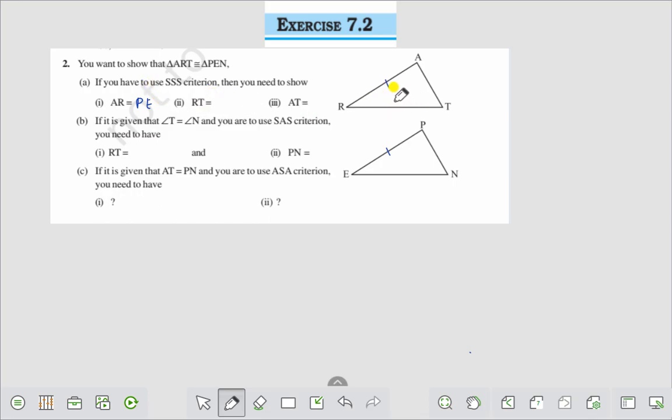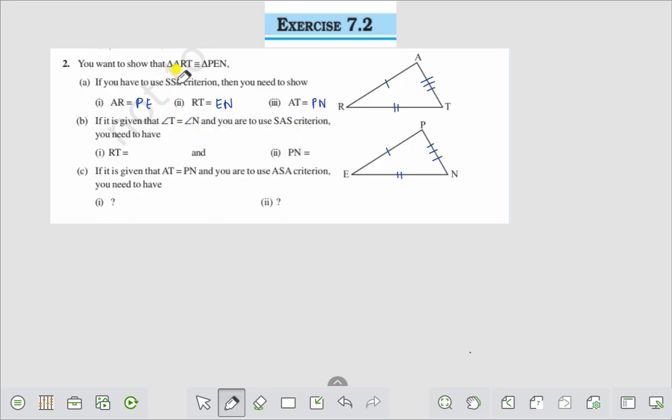RT, this side, should be equal to EN. And AT side should be equal to PN.